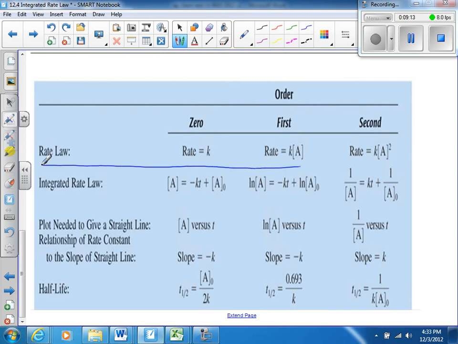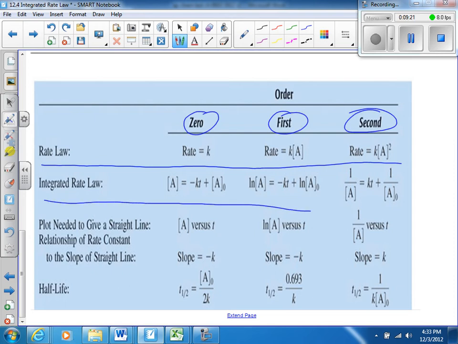So this first row is the rate laws for a 0, first, or second order reaction. And the second row is the integrated rate law. It's a summary of those 3 rate laws that are on the first 3 pages.